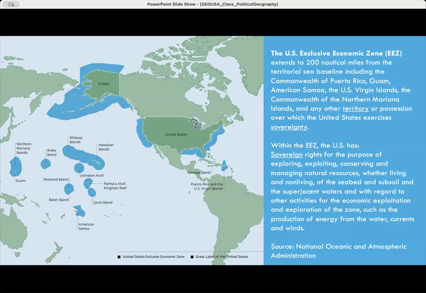That means having sovereignty, having control. This also means that this is where the United States can extract fish and seafood, where it can look for oil, where it can look for minerals, and has exclusive rights to that, in these blue zones.